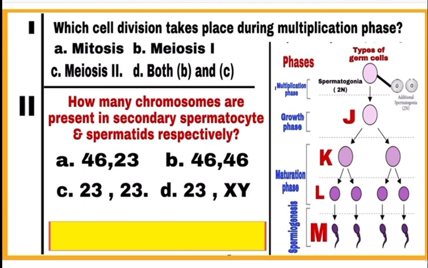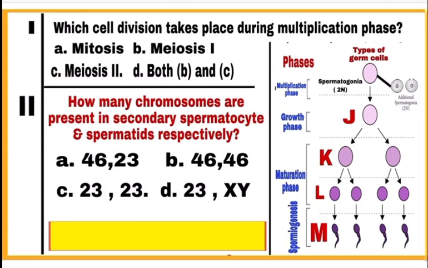Question 2. How many chromosomes are present in secondary spermatocyte and spermatids respectively? In the figure, K are secondary spermatocytes formed by first meiotic division of primary spermatocytes J in the picture. As a result, number of chromosomes reduced to half.